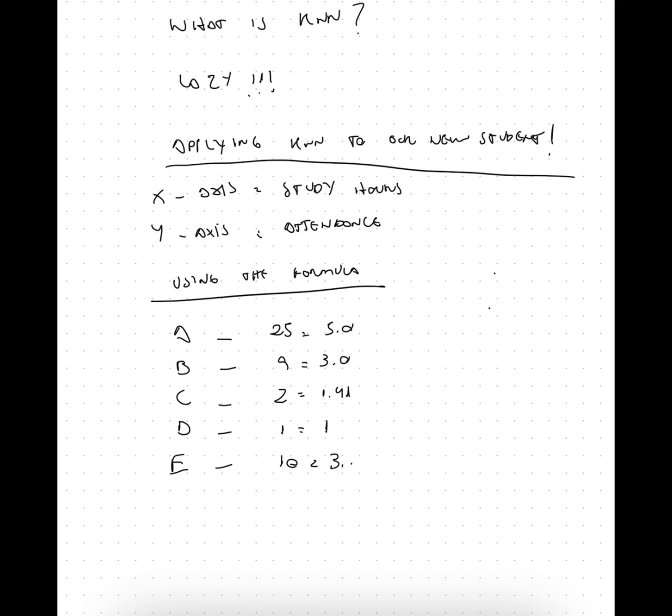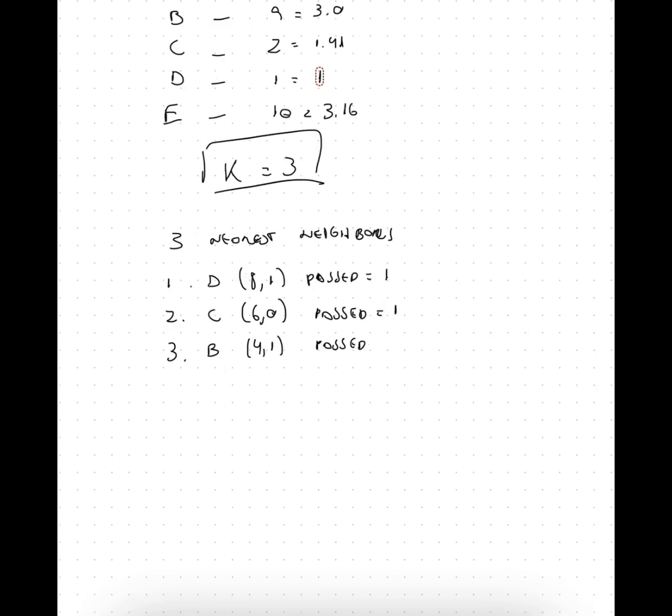Now that we have the distances, we will choose k equal 3, a common starting value. So the three nearest neighbors are number 1, D, the fourth student, 8 hours and passed.